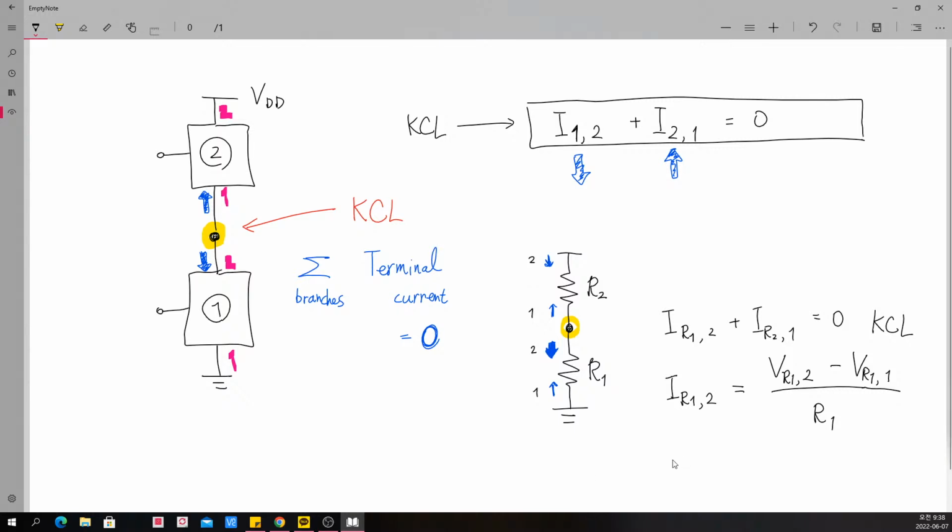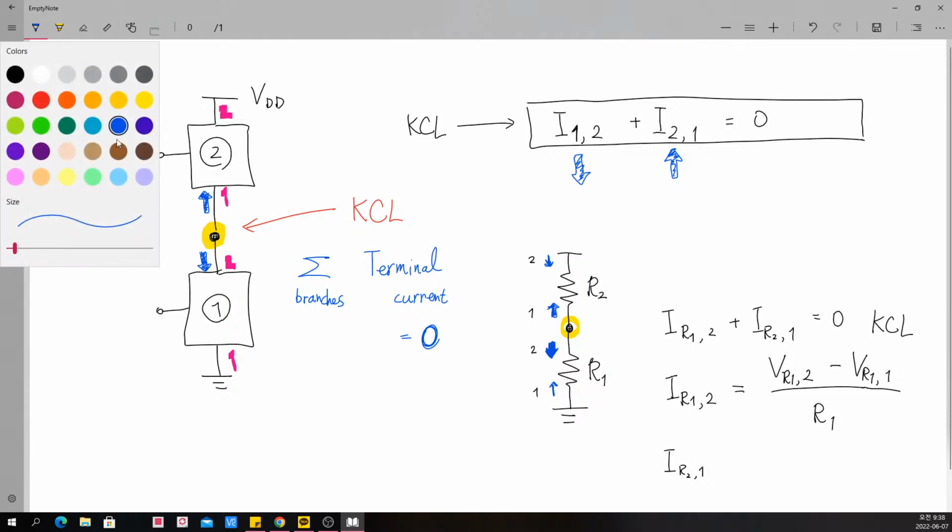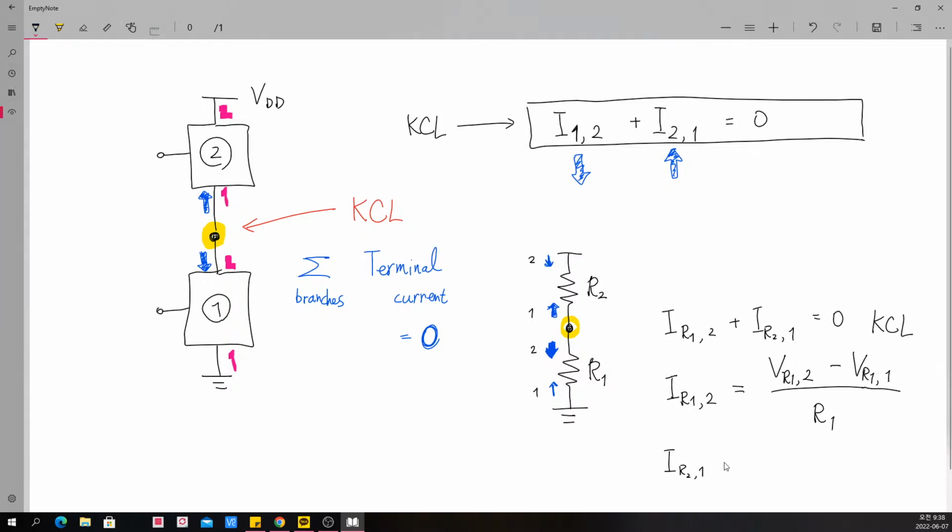Then how about this? I of R2 and its first terminal. Now we are talking about this current component. Once again we can apply Ohm's law, so that is given by 1 over R2 because this is related to R2, and we have V of R2 and its first terminal.